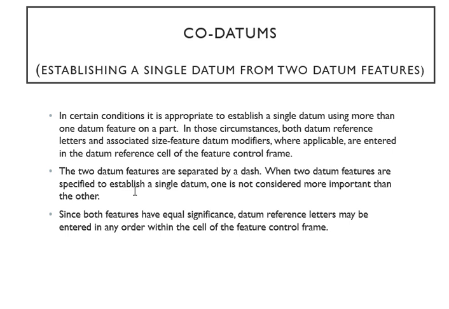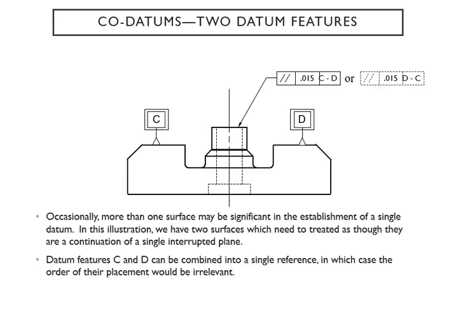In that case, you have both datum reference letters and also the associated feature datum modifiers, which is your MMC or LMC, if applicable, and you enter that in the datum reference cell in the feature control frame. So let's take a look at it. If you have two datum features separated by a dash, I will show you as we go into the example.